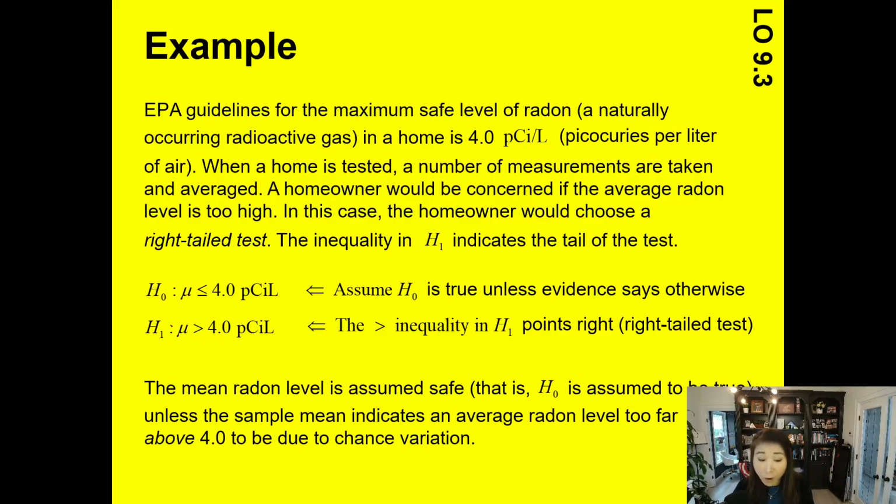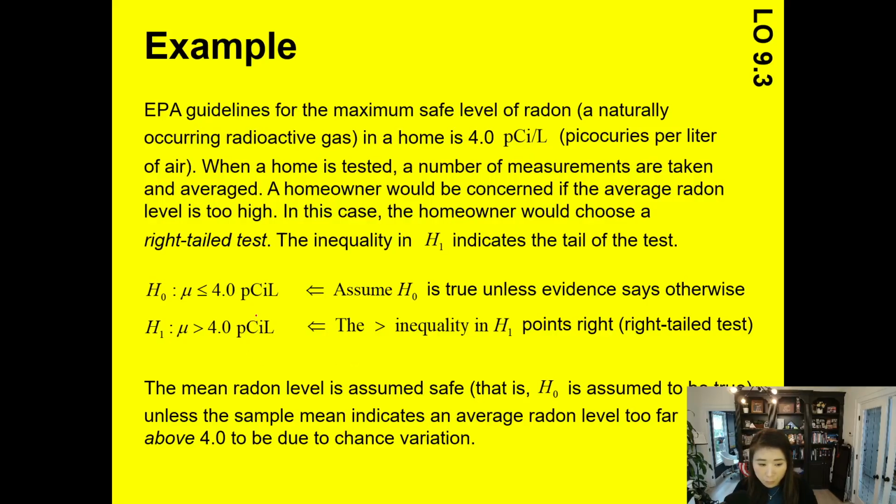Therefore, we call this a right tail test, because my H1 is mu larger than 4.0. You will have more practice questions in your homework assignments, so make sure you practice what I just said. What you care about knowing will be your H1, and the status quo will be your H0. The mean radon level is assumed safe unless the sample mean indicates an average radon level too far above 4.0 to be due to chance variation.